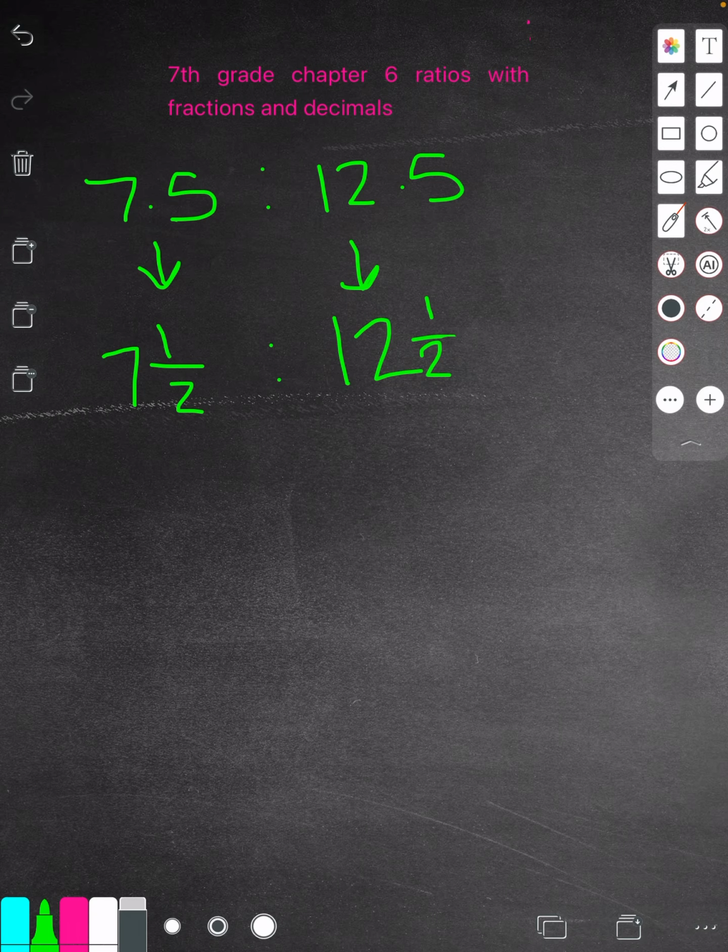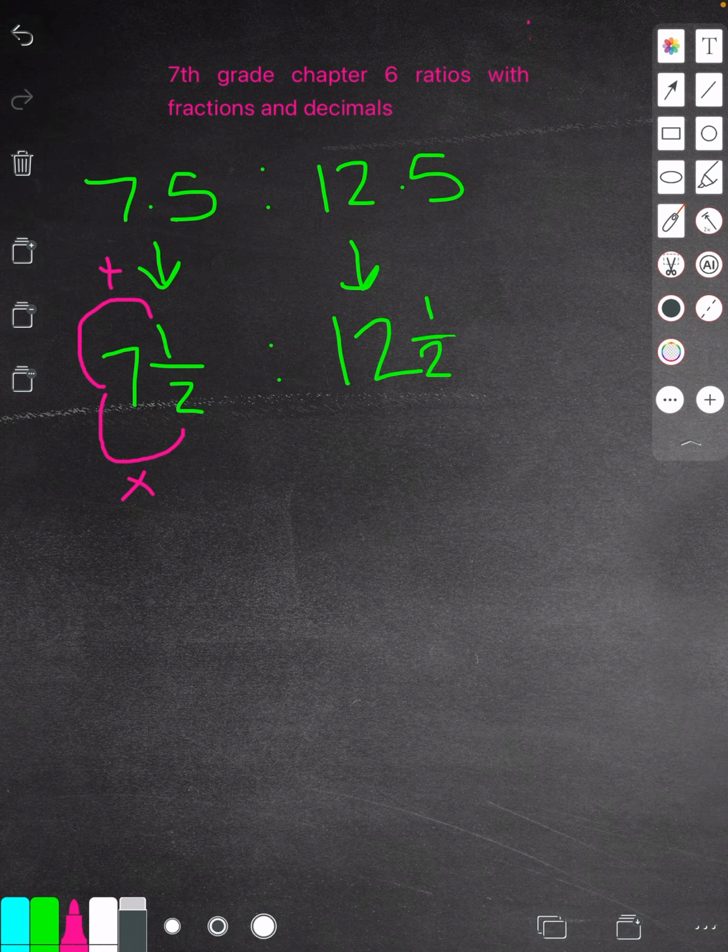All right. Our next step would be to change them to improper fractions so that we can actually do something with them. In order to do that, I know that we multiply our denominator times our whole, and we add that answer to our numerator, and then we drag our denominator down.